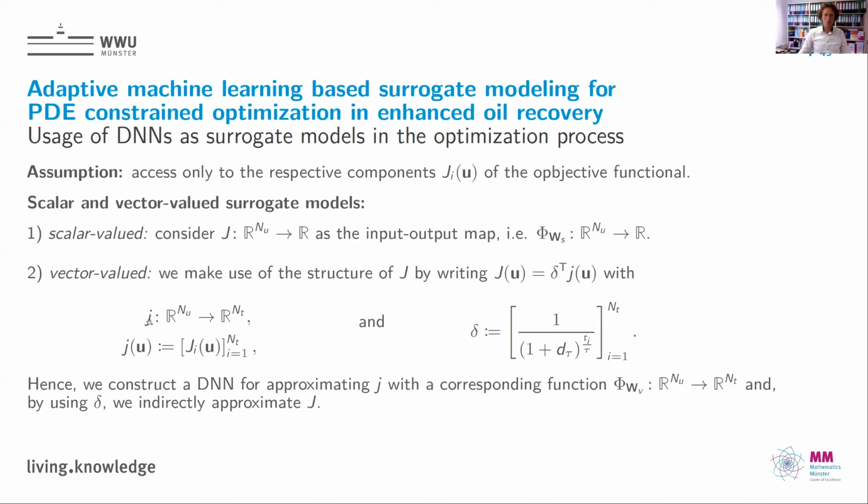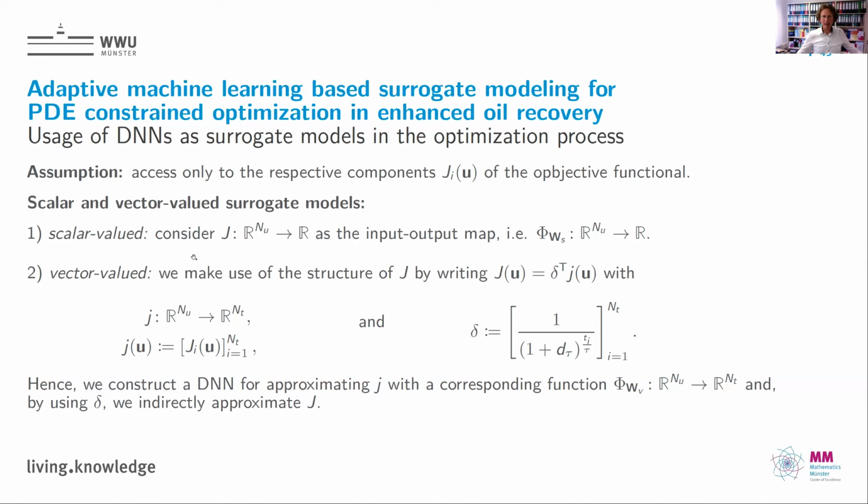In this approach with the vector valued case, we now map the controls that live in this space to this vector of components of the objective functional that is then multiplied with these weights to get the overall objective functional.